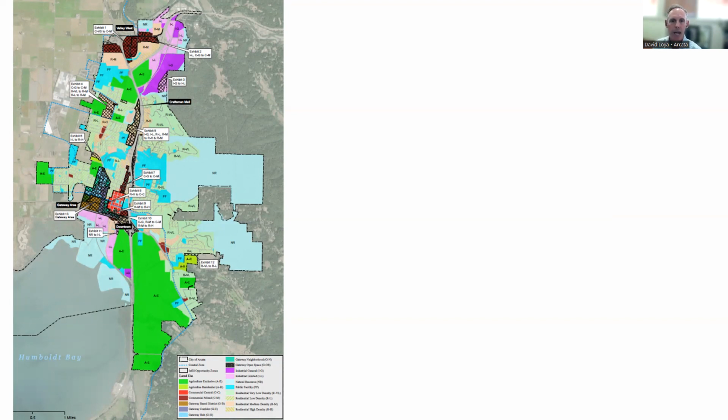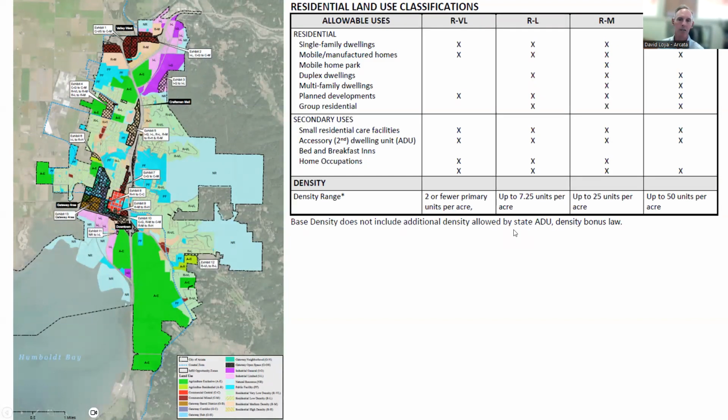Paired with this map are a series of tables and policies that establish what the allowable uses are. I'm just grabbing the residential land use classifications here so you can take a look. We have residential very low, residential low, residential medium, and residential high. You can see that this table establishes the different uses that are allowable within those districts.